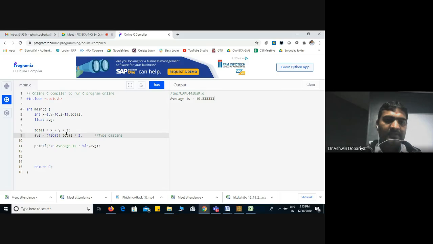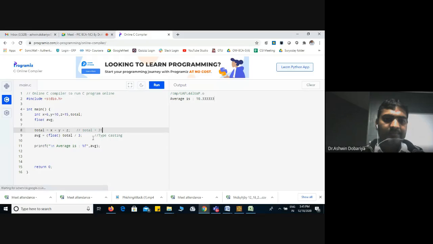Suppose the total of this is 31. So here total is 31. But when the compiler reads this 31 and reads the typecasting, it has to convert this 31, so internally the compiler will consider 31.00 because we have mentioned float over here.